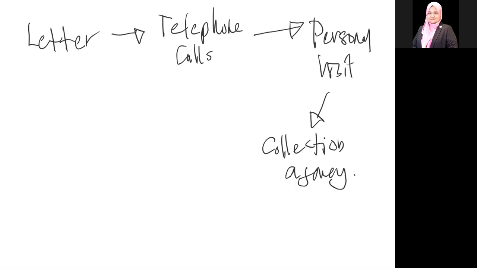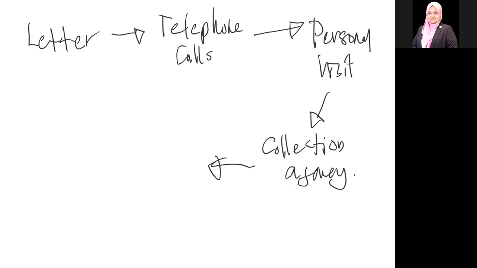Then, if the collection agency is also not able to get the money from your client, they will take legal action. This legal action is the most stringent step, where the client who is not able to pay will face serious action.